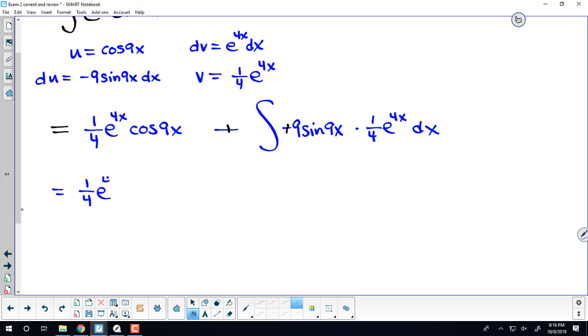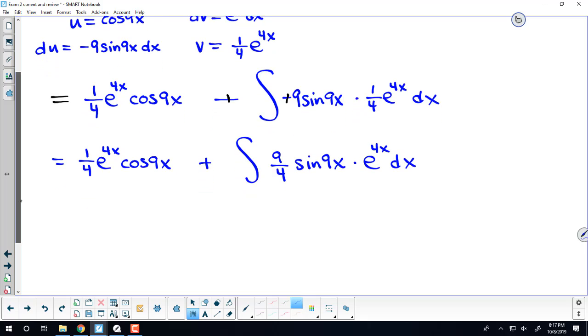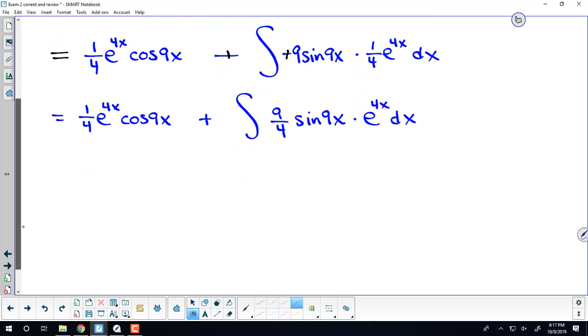But maybe we can just rewrite that a little bit and say the integral anyways. And again, your choice of where you put the 9/4 is totally up to you. Put it with the e to the x if you wanted. The idea is that we still have a comparable integral.